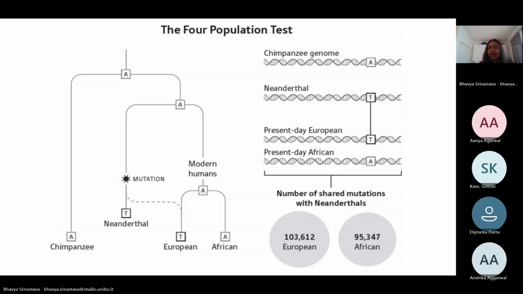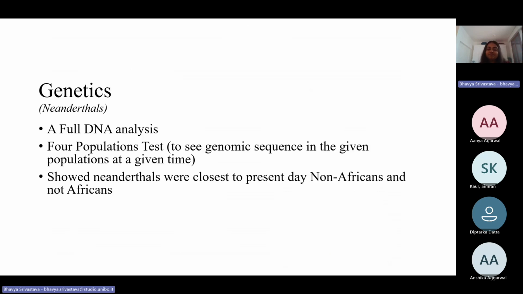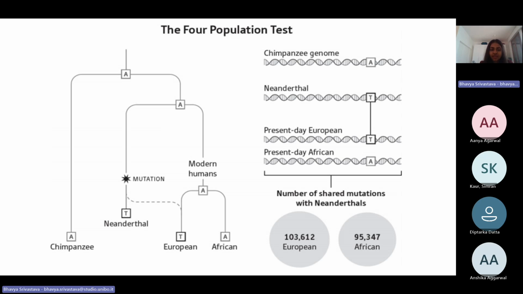So all non-Africans today show some amount of Neanderthal DNA, while the Africans do not, which means that after the modern humans came up and separated from the Neanderthal line, the European Homo sapiens would have bred with the Neanderthals, and that's where the mutation occurs, not in the African Homo sapiens.